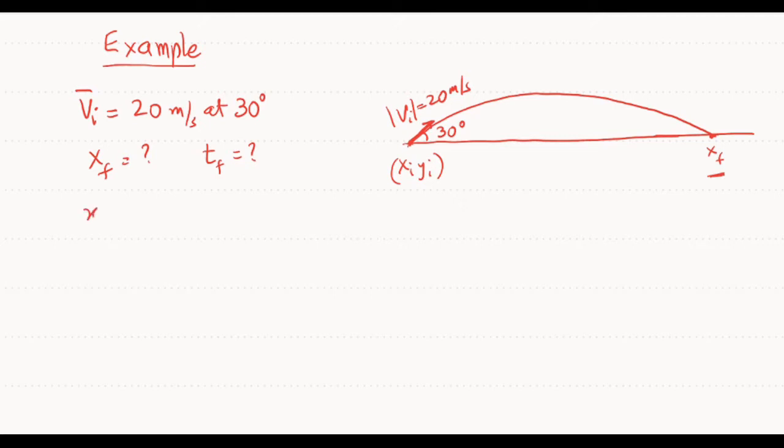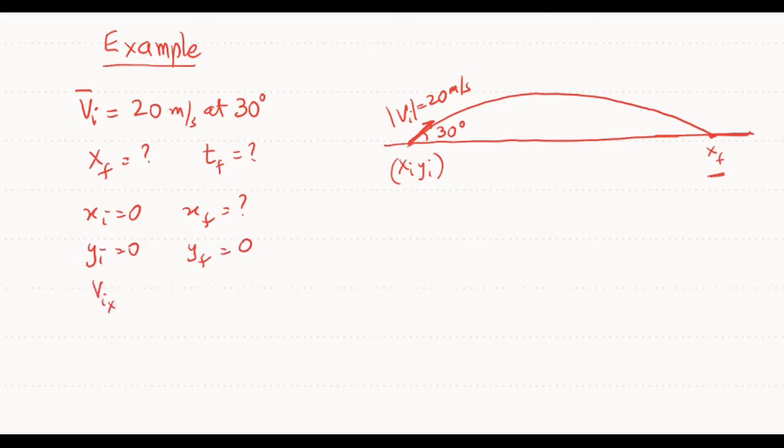So we know X initial is 0, X final is unknown, Y initial is 0, Y final, well, it's on the ground level, so Y final is also 0.